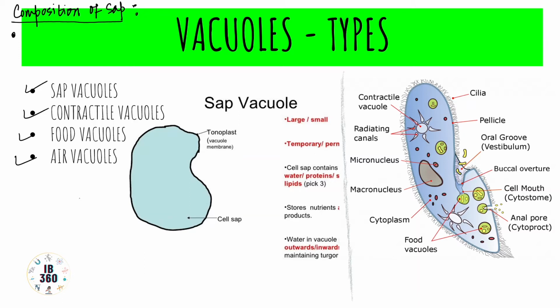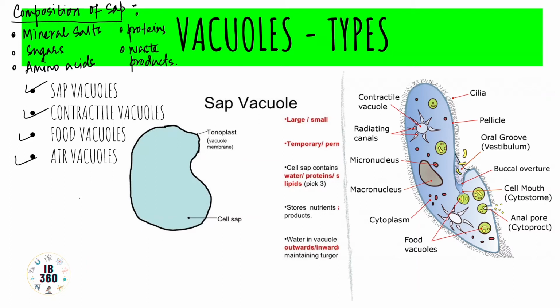The first thing you must know is the presence of mineral salts, sugars, amino acids, proteins, and also waste products from the cell itself.